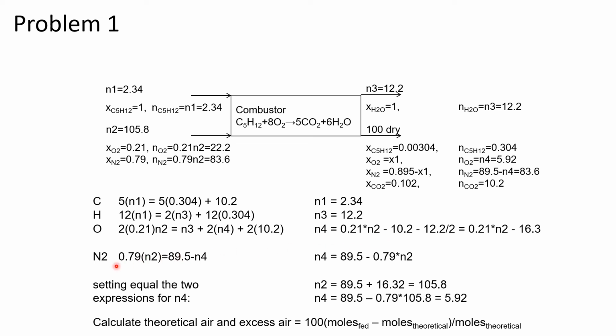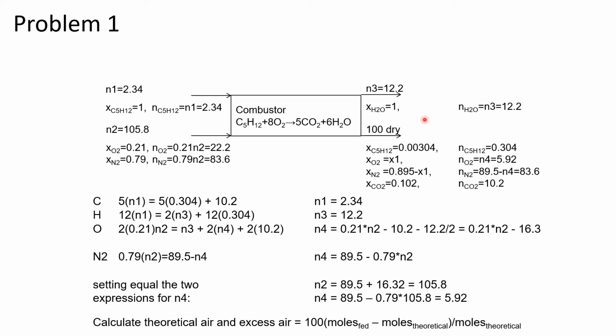So now let's look at the inert balance. We're going to say that the inert flow rate coming in is equal to the inert flow rate coming out. This is a molecular balance, so we don't have to worry about atoms. We're just going to say that the moles of the nitrogen molecules coming in is equal to what comes out. There's only one place nitrogen comes in. That's in the air feed here. So we're going to take 0.79 times N2. That's what comes in. I'm going to set that equal to what comes out.